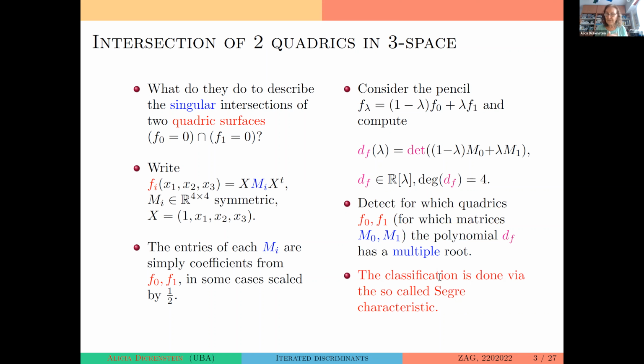And then they classified the singular intersections by studying this question, and they used something called the Segre characteristic, which is based on the Jordan normal form of the matrices.